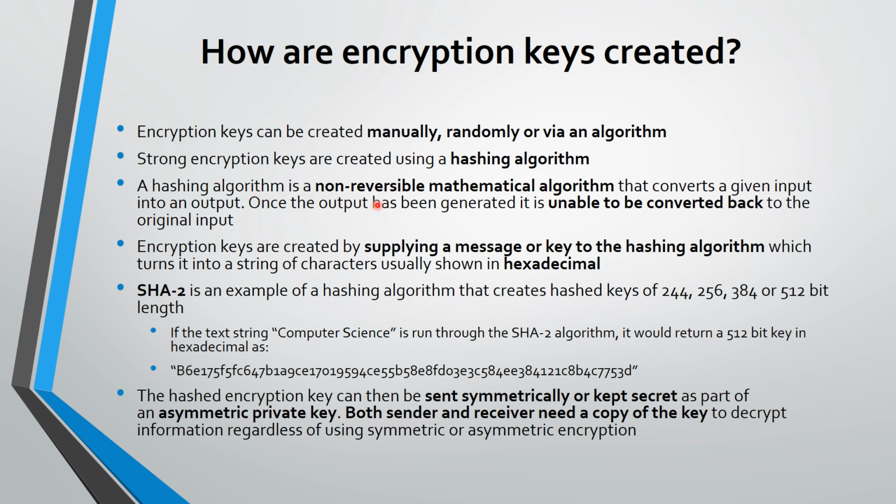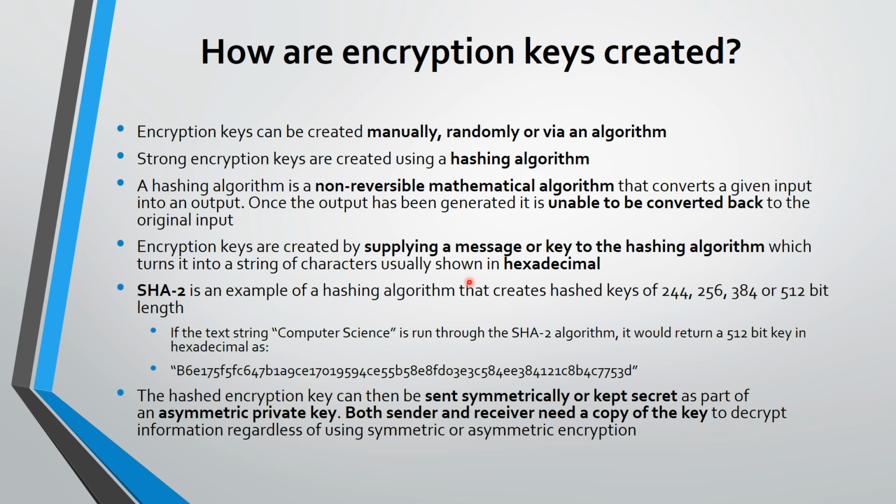It's a non-reversible mathematical algorithm that converts a given input into an output. Once the output has been generated, it is unable to be converted back to the original input. Encryption keys are created by supplying a message or the key to a hashing algorithm, which turns it into a string of characters usually shown in hexadecimal.